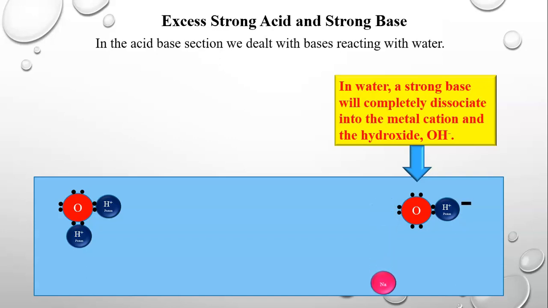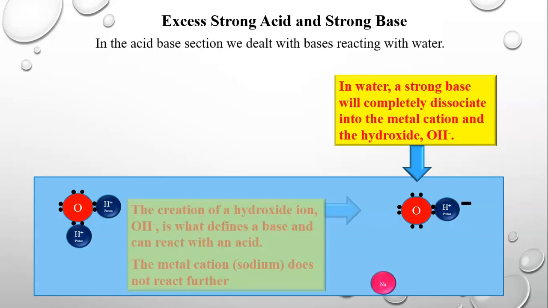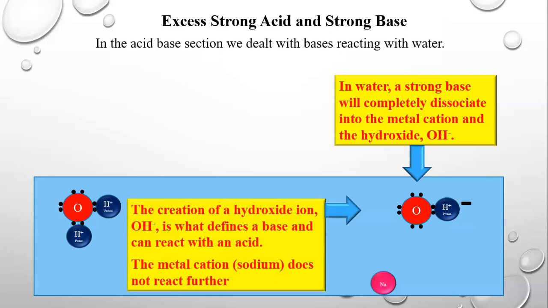So there it goes. The Na becomes a spectator. The creation of a hydroxide ion, OH-, is what defines a base and can react with an acid. The metal cation sodium does not further affect the reaction. So nothing further happens here. It's not going to draw a proton away from a water molecule because that's just going to make that water molecule turn into a hydroxide. So it's just playing ping pong with that proton. It's not going to do that.